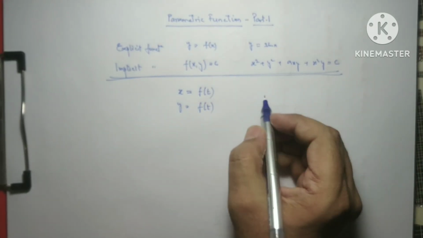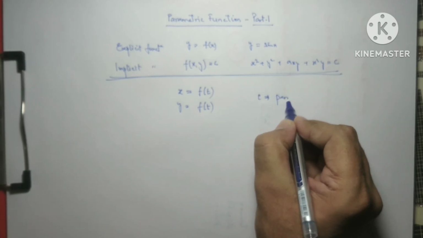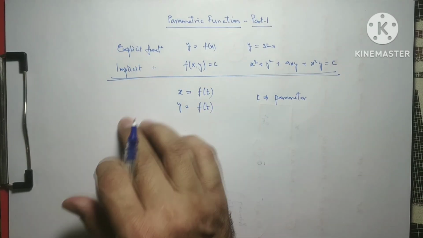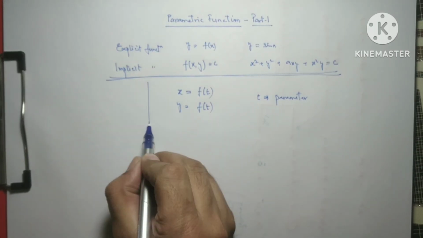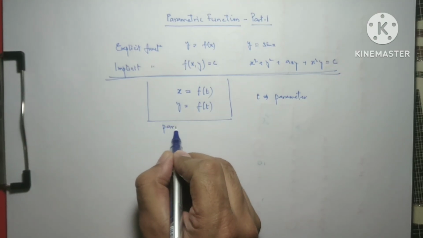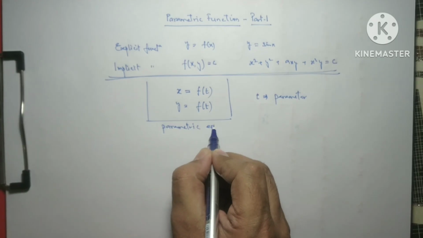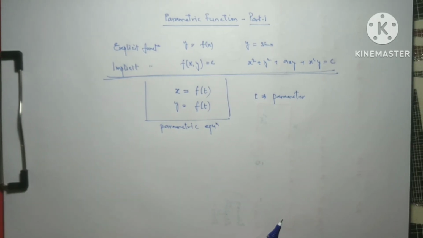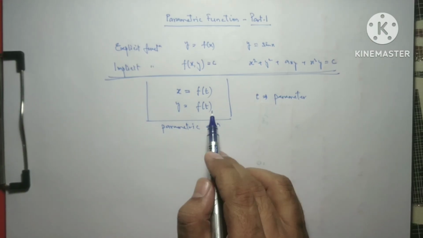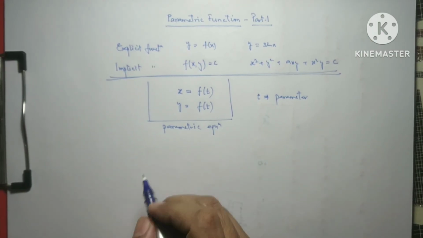So t is the parameter. So these are the parametric equations: x equals f(t) and y equals f(t). These are parametric equations. Just like in the case of a parabola.